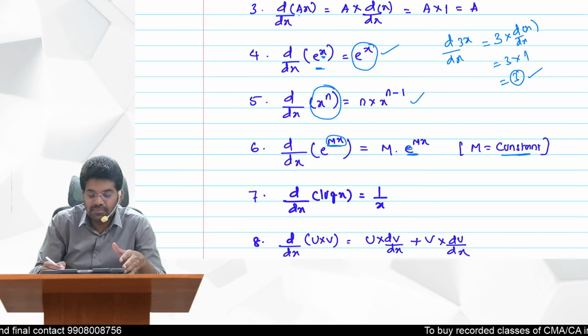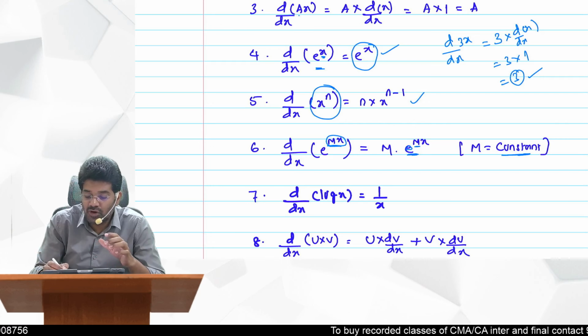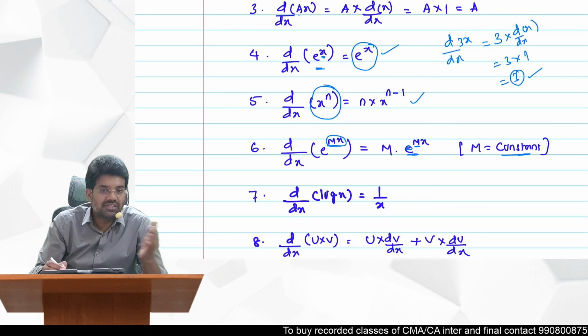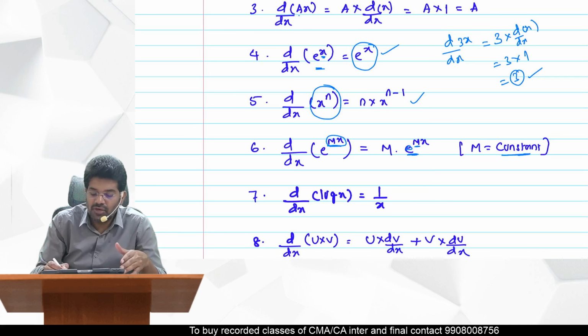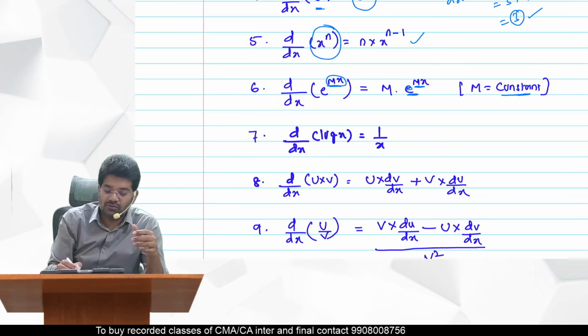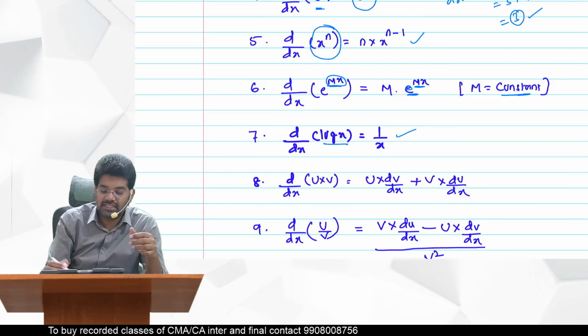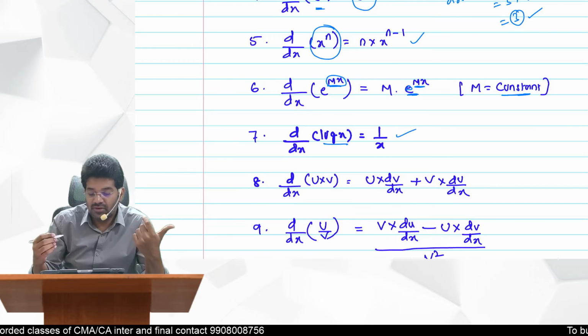Whenever e is the base, take the same. But if it involves any constant, separate the constant first and then take e power that value. So m into e power mx. Next one is d by dx of log x, which is 1 by x. Remember this formula.